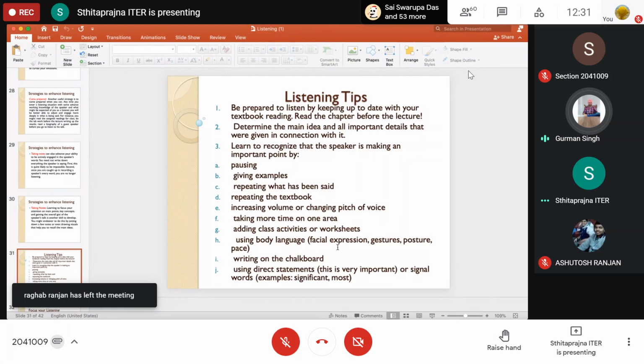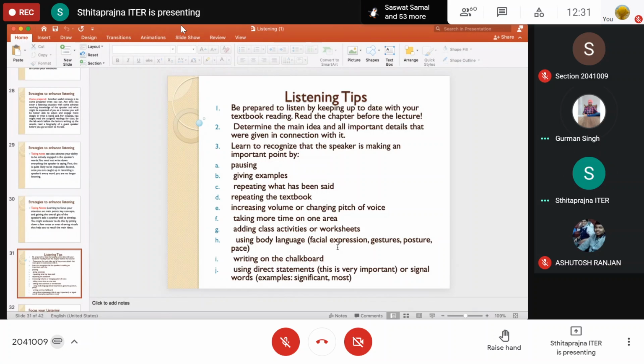Learn to recognize that the speaker is making an important point by pausing, giving examples, repeating what's been said, repeating the textbook, increasing volume or changing pitch of voice, taking more time on one area, adding class activities or worksheets, using body language such as facial expression, gestures, postures, pace, writing on the chalkboard, statement, or signal words, example, significant, most. Okay, thank you.